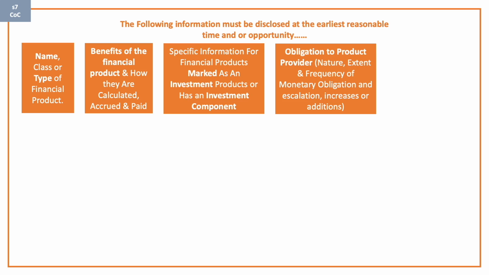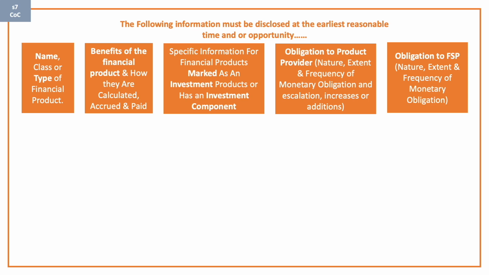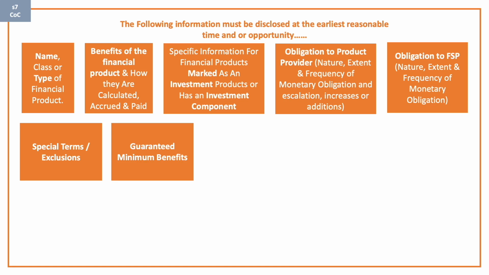The obligation to the product provider, nature, extent and frequency of monetary obligation and escalation, increases or additions. 5. The obligation to the FSP, nature, extent and frequency of monetary obligation. 6. Any special terms and/or exclusions. 7. Any guaranteed minimum benefits.